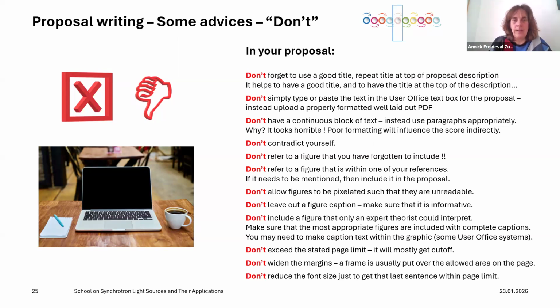Okay. So for that, for example, don't have a continuous block of text. Instead, use paragraphs appropriately, because poor formatting will influence the score indirectly. Try not to contradict yourself.